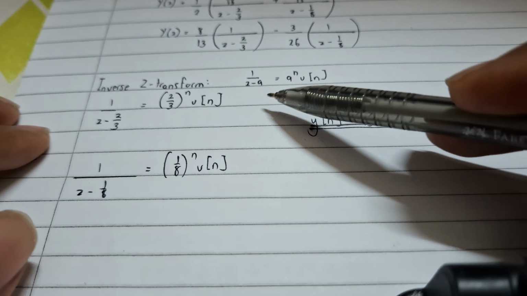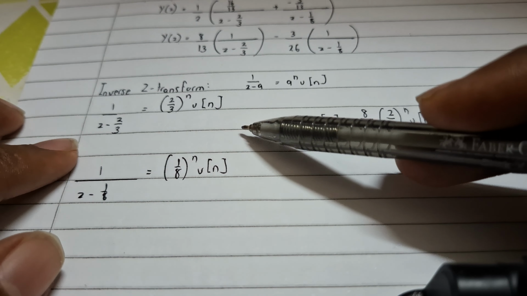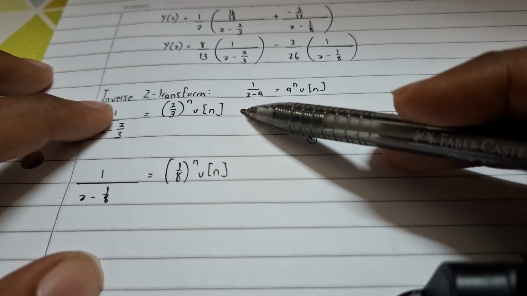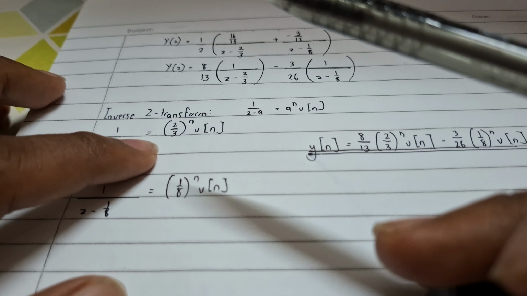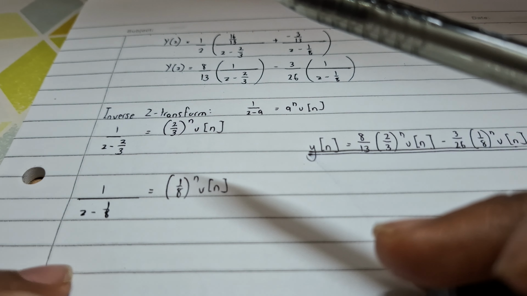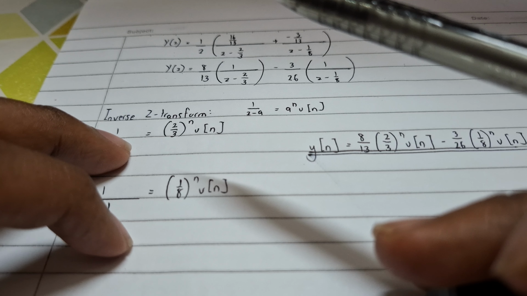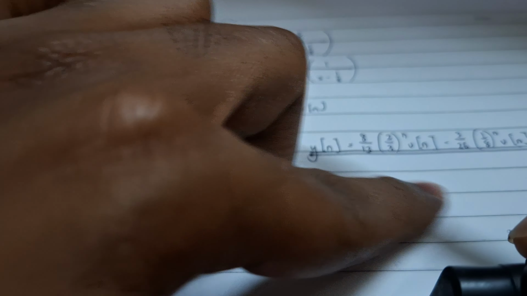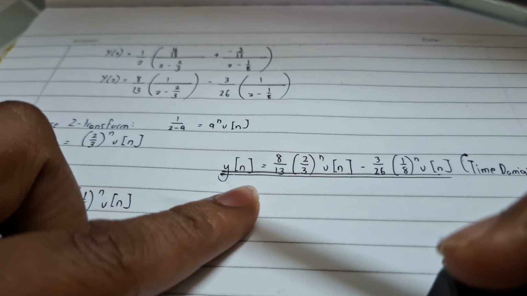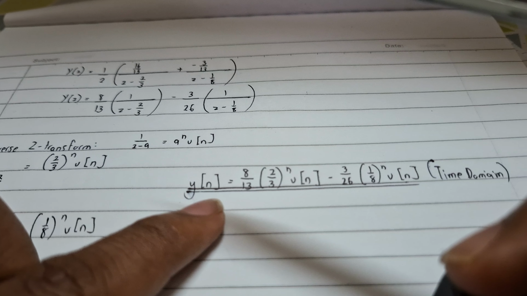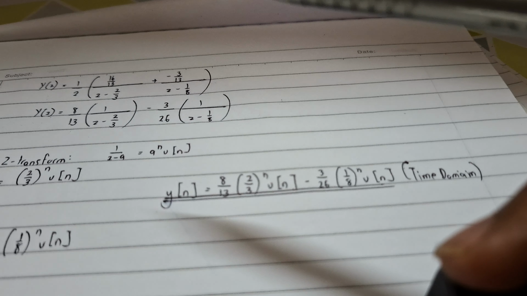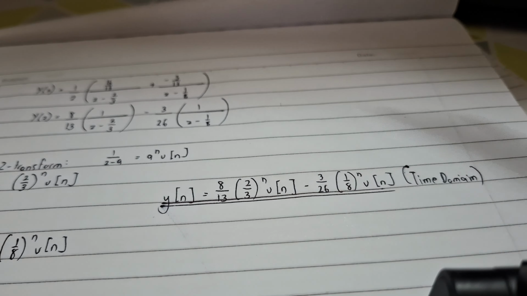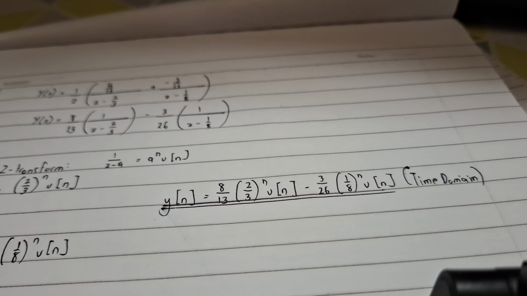Substituting, we convert it into y[n] equals 8/13 (2/3)^n u[n] minus 3/26 (1/8)^n u[n], which is in the time domain. So that's all from this video, and thank you very much.